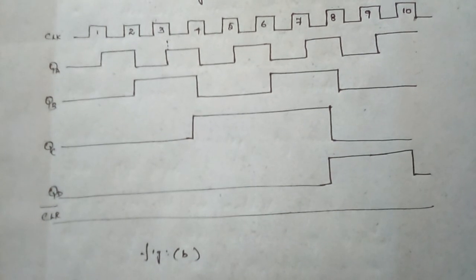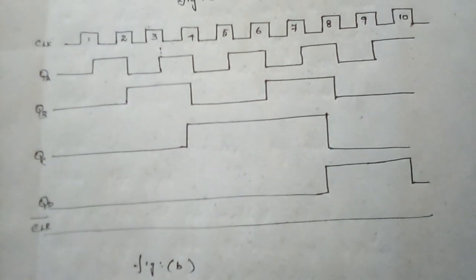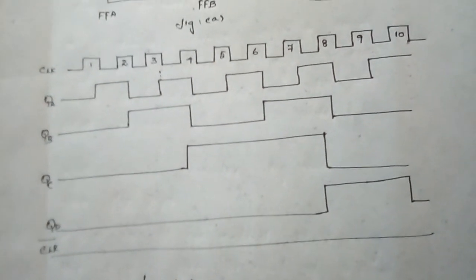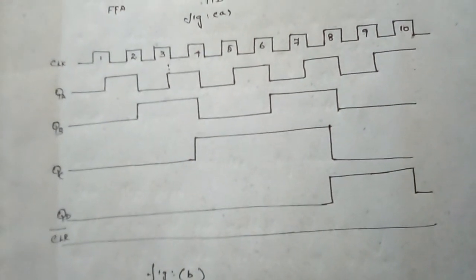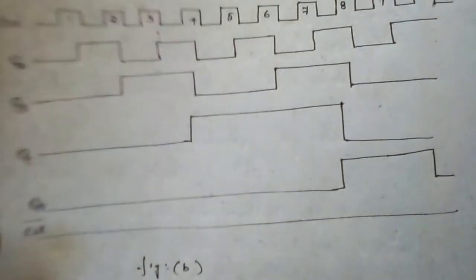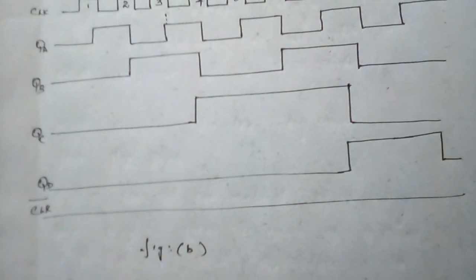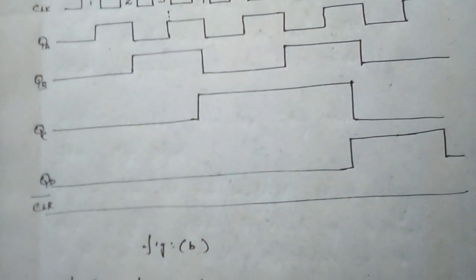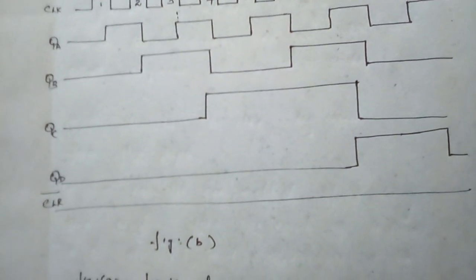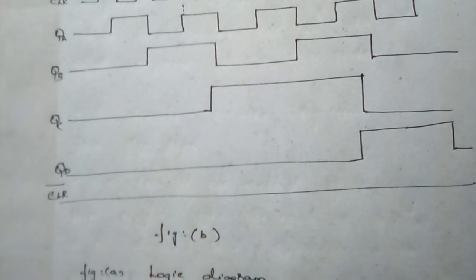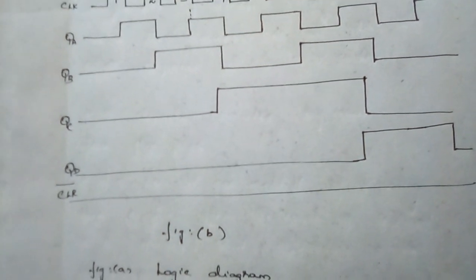Clear bar is low, and it resets the four flip-flops. That means it counts the decoded output of 10. So with this, besides the asynchronous 2-bit counter and 3-bit counter, we have discussed the decade counter.